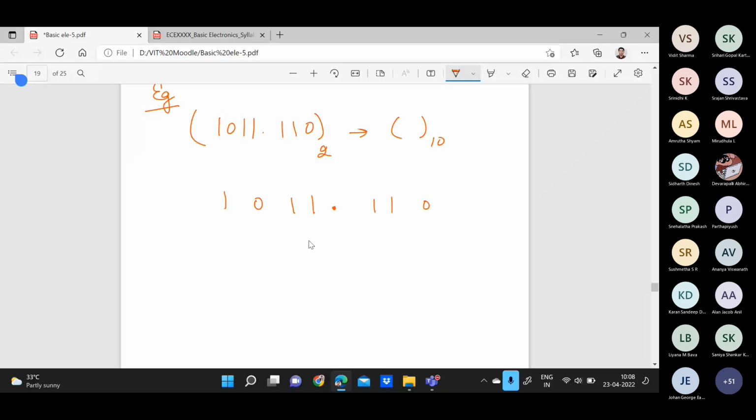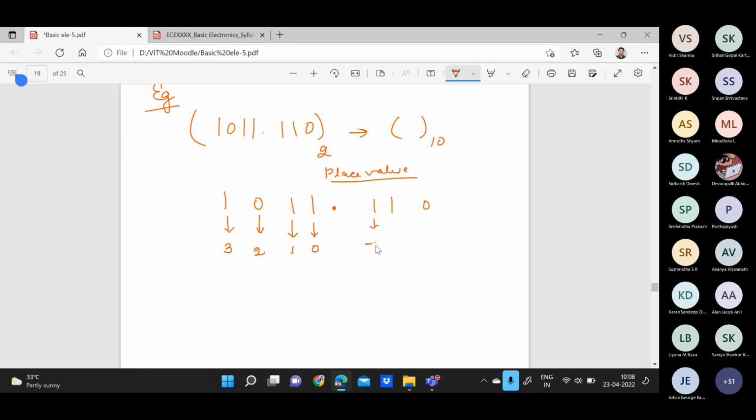This is the decimal point, right? First, you write down the place value of it. Place position. If this is the decimal point, this place position is 0, this place position is 1, this place position is 2, this place position is 3. After the decimal point, the positions will be negative, right?